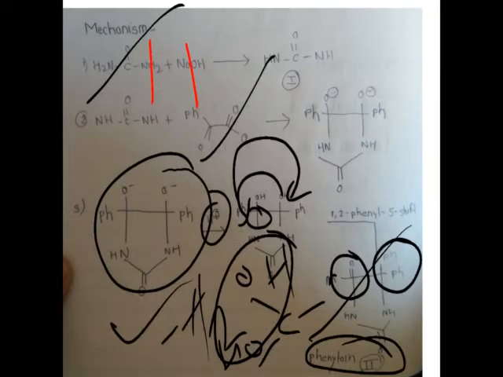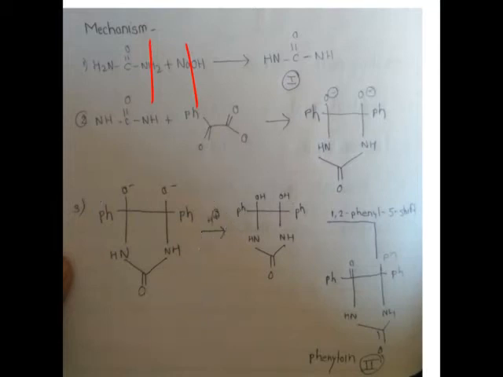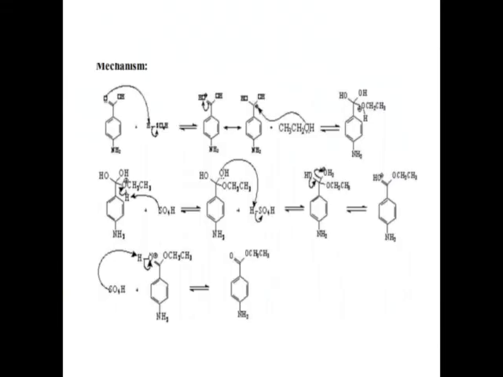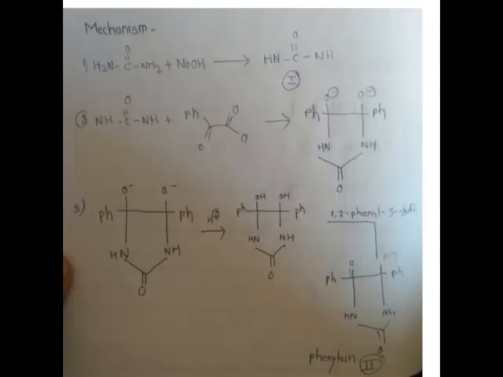So the first step: NaOH reacts with the hydrogen. This hydroxy group and this hydrogen form a water molecule, and this hydroxy group and this hydrogen form a water molecule.